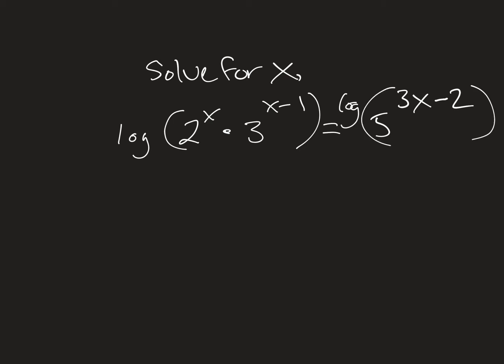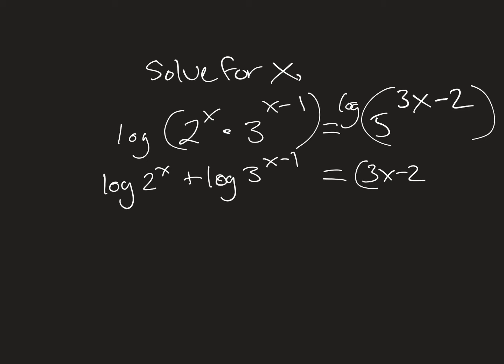Why does this help me? On the left, I have multiplication, which I'm going to split out by addition. On the right, I only have 5 to the 3x minus 2. The 3x minus 2 can come out in front: (3x minus 2) log 5.